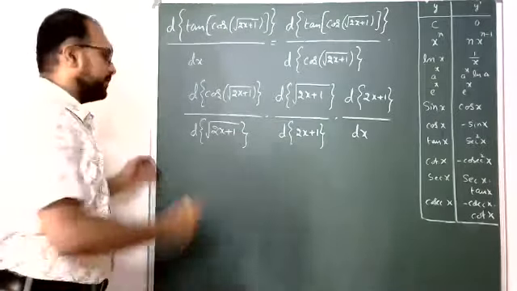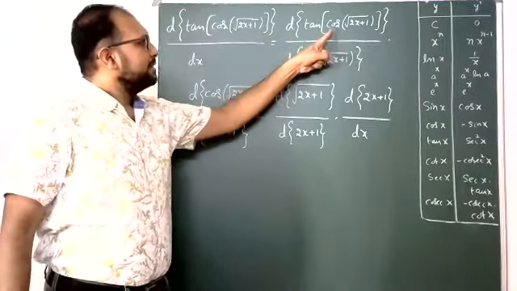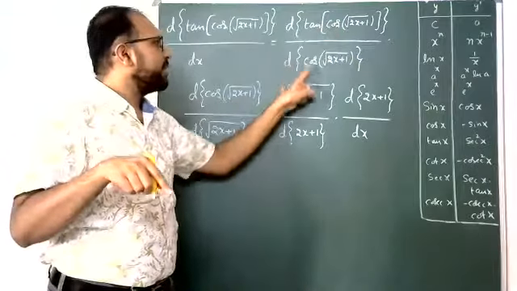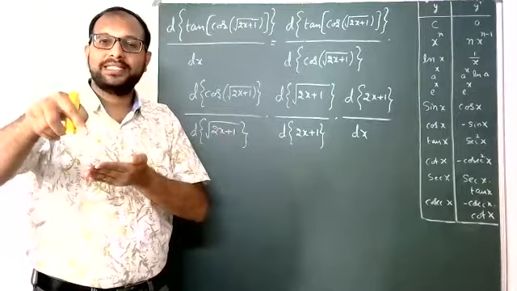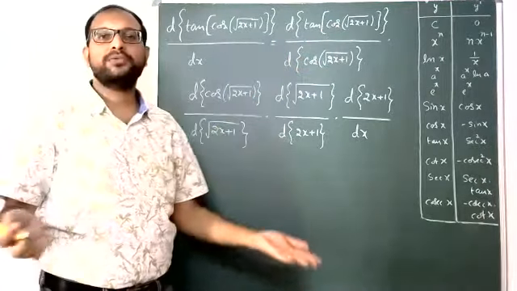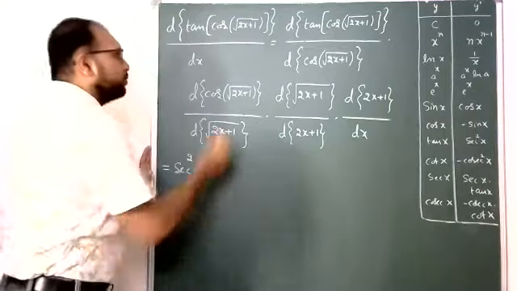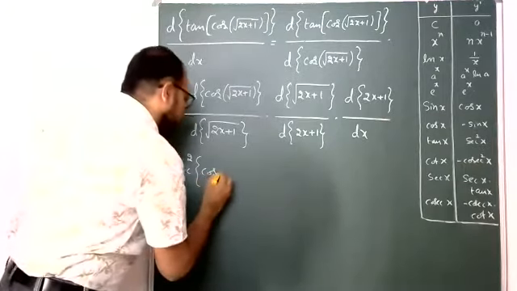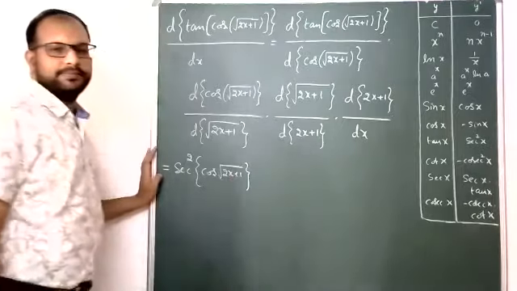Now one by one. First one, derivative of tan. Assume the complete function is u: tan u with respect to u. Tan x with respect to x is secant square x, same as tan u with respect to u is secant square u. So the answer is secant square u, but u means cos of root 2x plus 1.